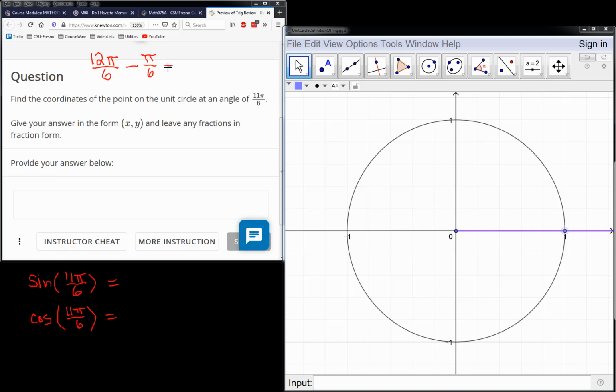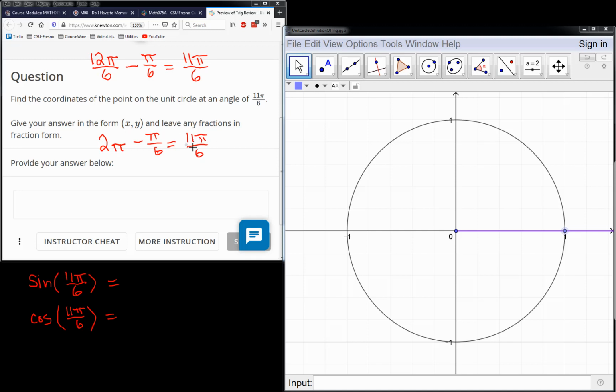So I can say 11 pi over 6 is just 12 pi over 6 minus a pi over 6. What I like about that is that, like we said, this was a whole number of pi's. 12 pi over 6 is the same as 2 pi. And so 2 pi minus pi over 6 is equal to 11 pi over 6.